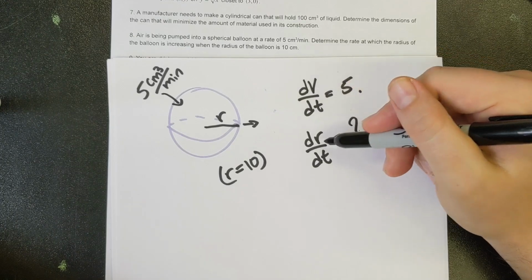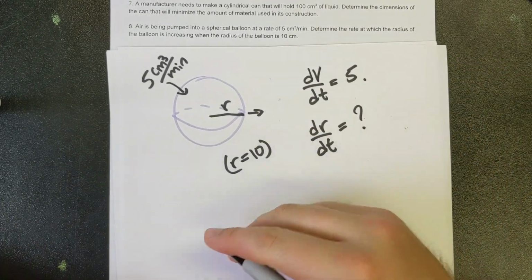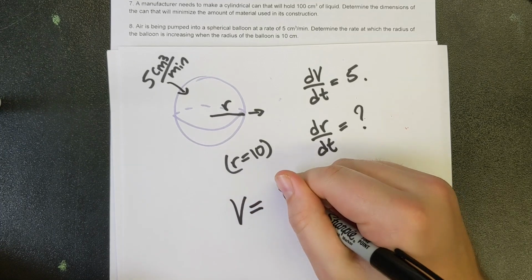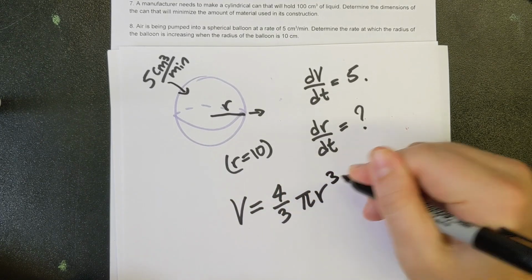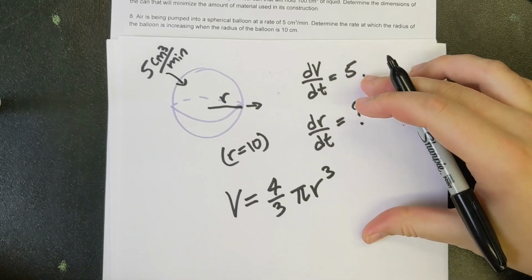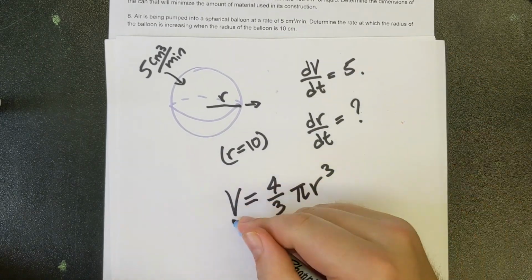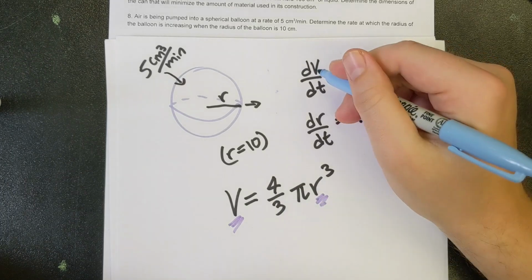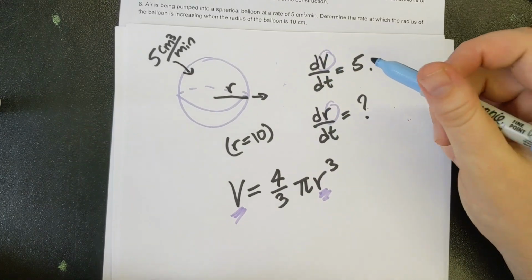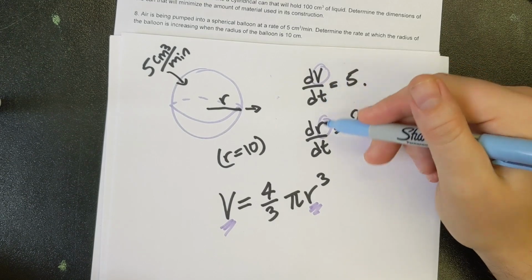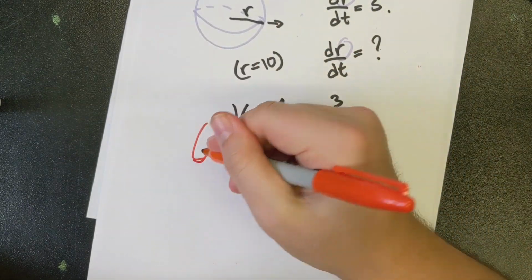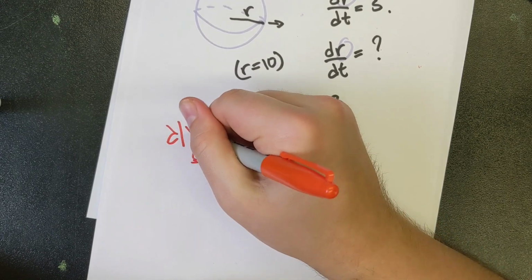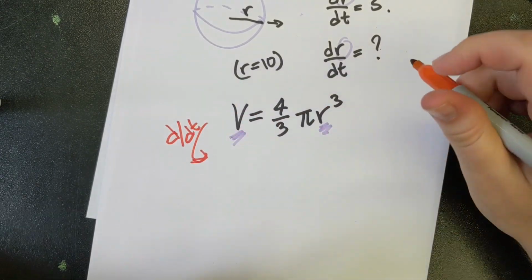Well, how do we relate V and r? For a sphere, your volume is 4/3 pi r cubed. So now we've related the two things we're interested in, volume and radius. To get to dV/dt and dr/dt, we now need to take the derivative with respect to time.